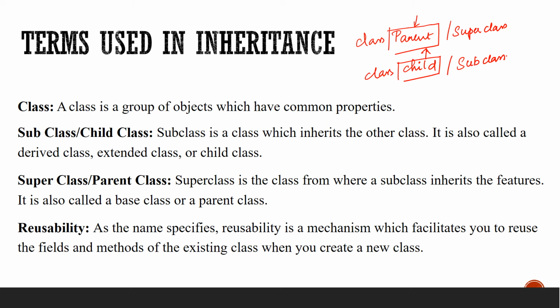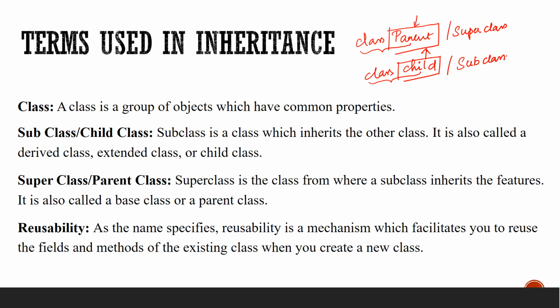And reusability. The main advantage of inheritance is reusability. As the name specifies, reusability is a mechanism which facilitates you to reuse the fields and methods of the existing class when you create a new class. Suppose this is an already existing class and you're going to create a new child class here.